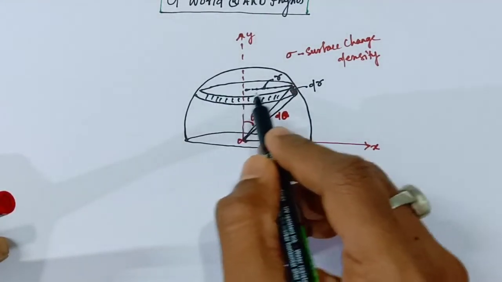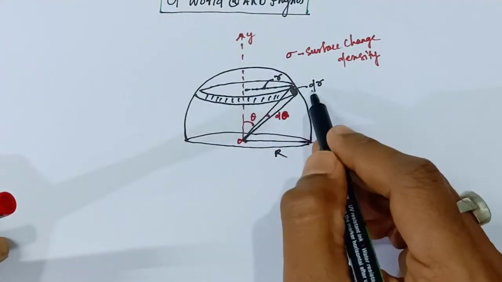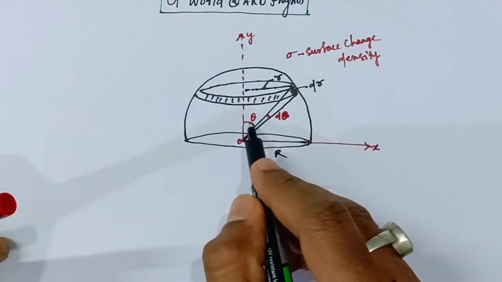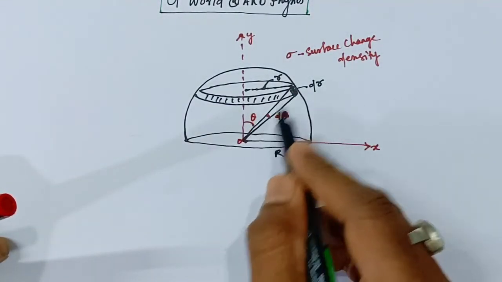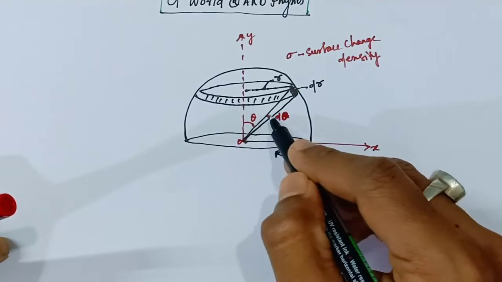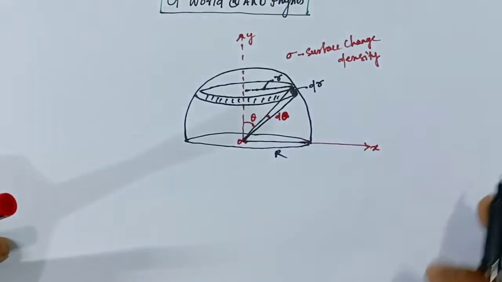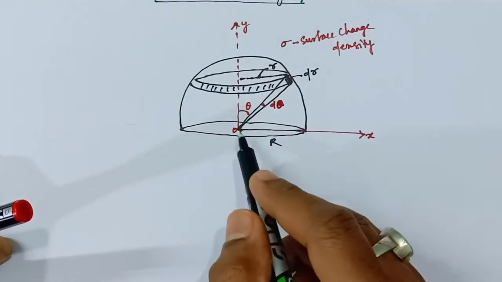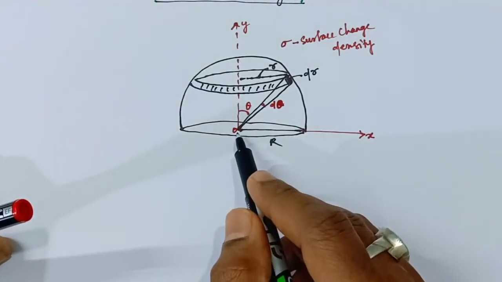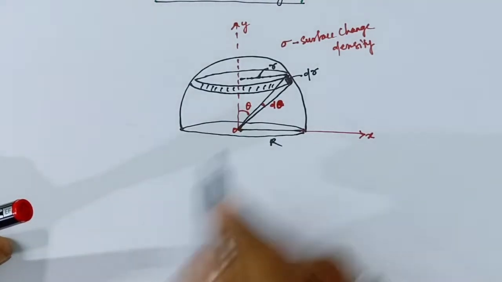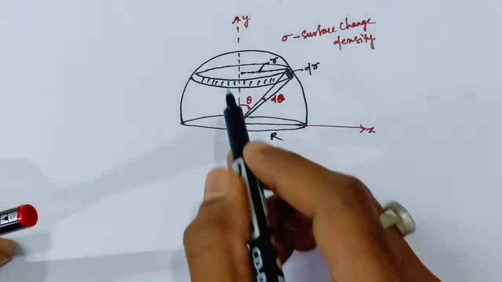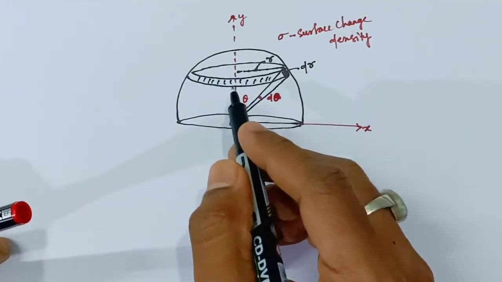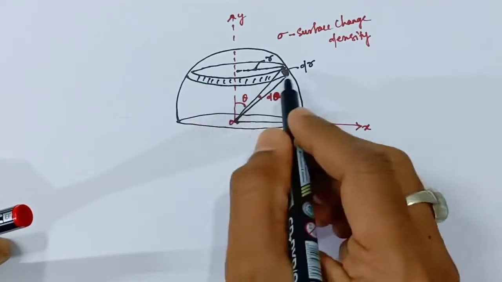So I consider one ring of radius r and thickness dr, from theta to d theta. Now I will think about the expression of electric field at the center O, due to this elementary ring.